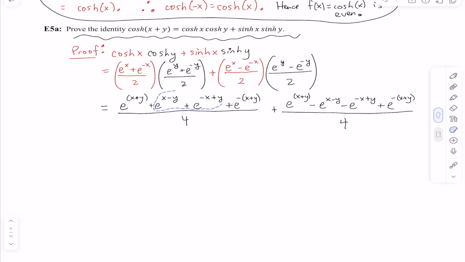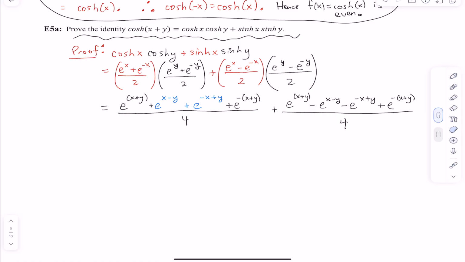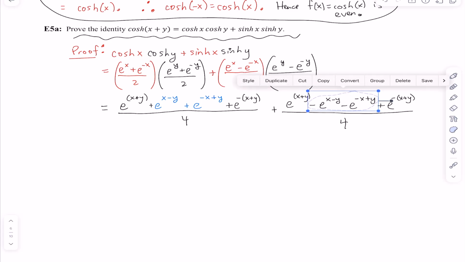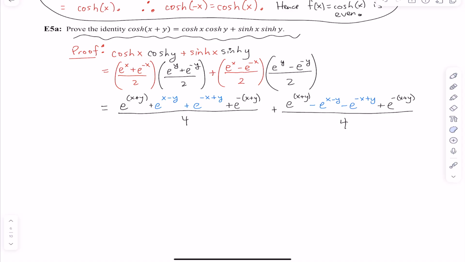If you look at these middle terms right here, and compare them to the middle terms over here, towards the right, you're going to see some like terms that add up to 0.